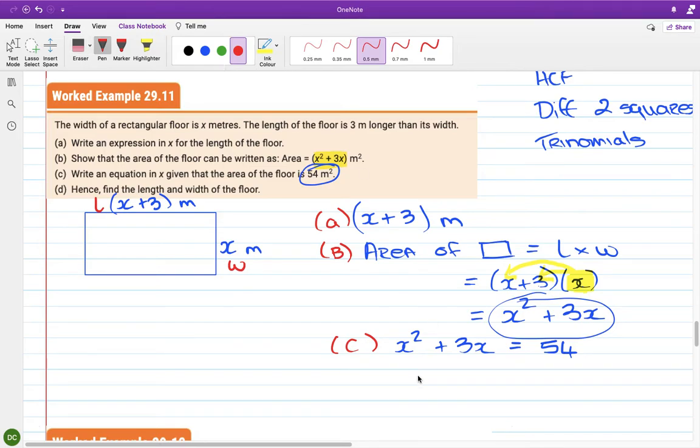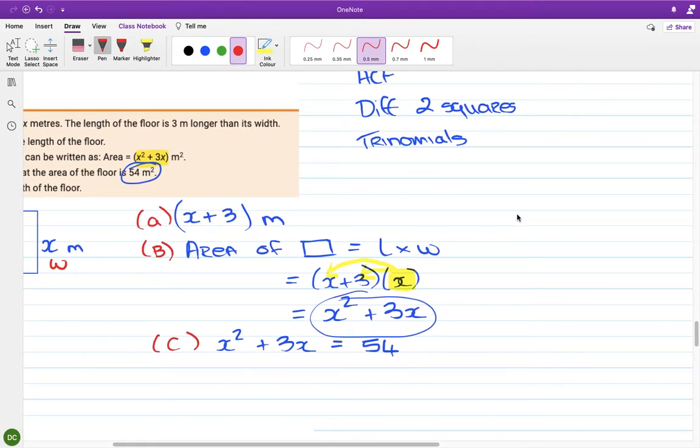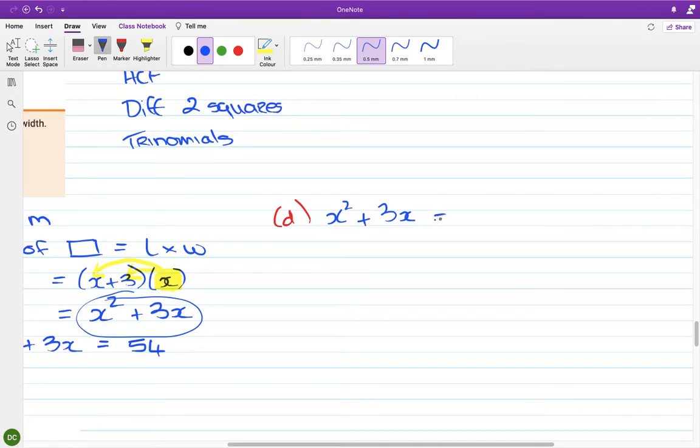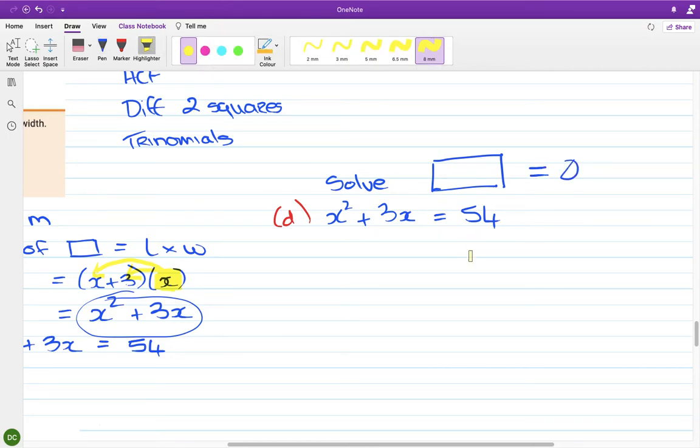So I might move over. So we take x squared plus 3x equals 54. And what we want to do is solve it. Now remember, in all the questions where we were solving, it was always the equation and then it had to equal 0. Okay, and if you look at this one, that is not 0.